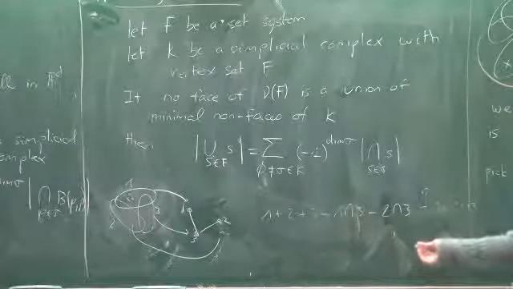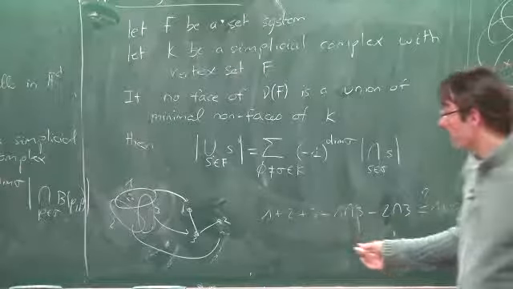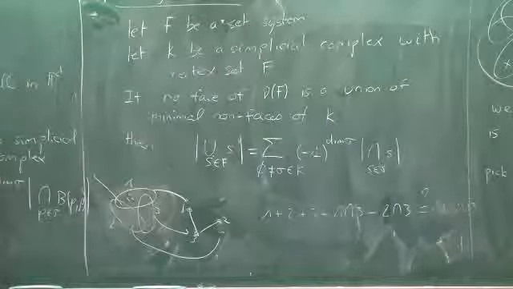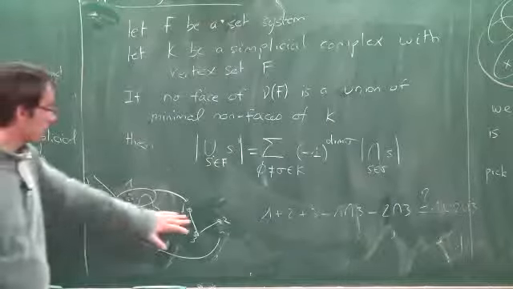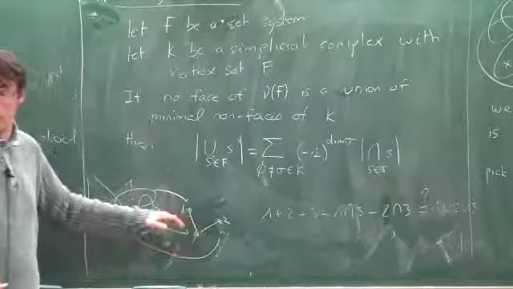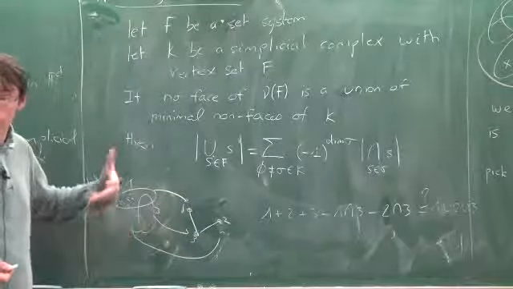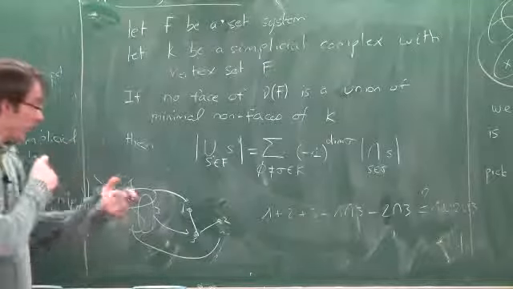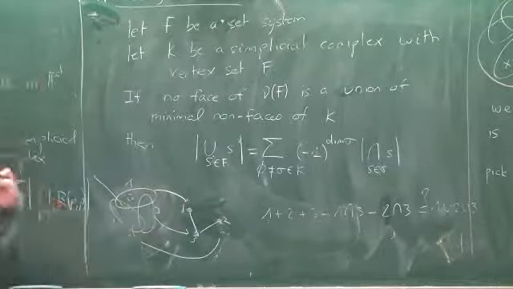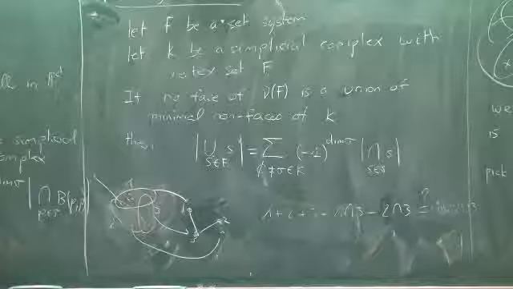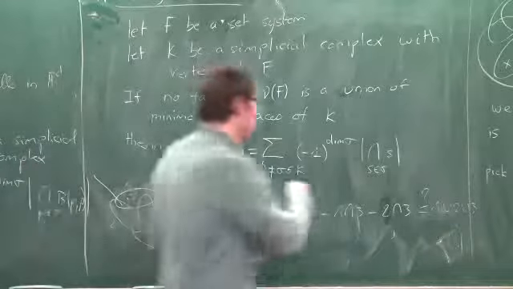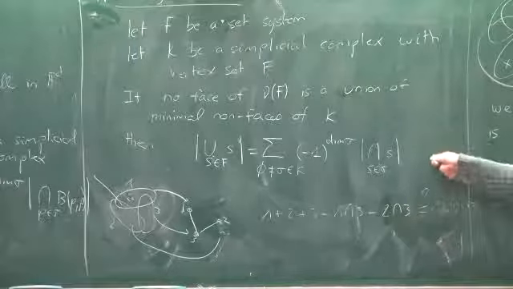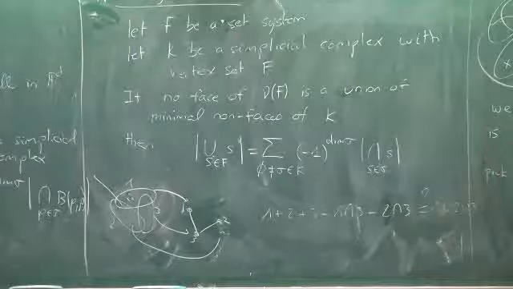So that will be wrong. And if I take {1, 2}, it is a face of the Venn diagram, and I can describe it as a union of minimal non-faces of the simplex, namely {1, 2}. {1, 2} is a non-face of the simplex, and if I remove anything from it, I get either 1 or 2, which are faces.